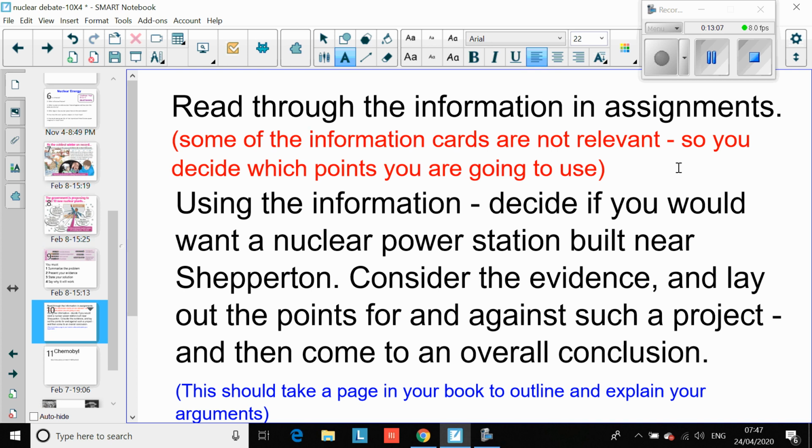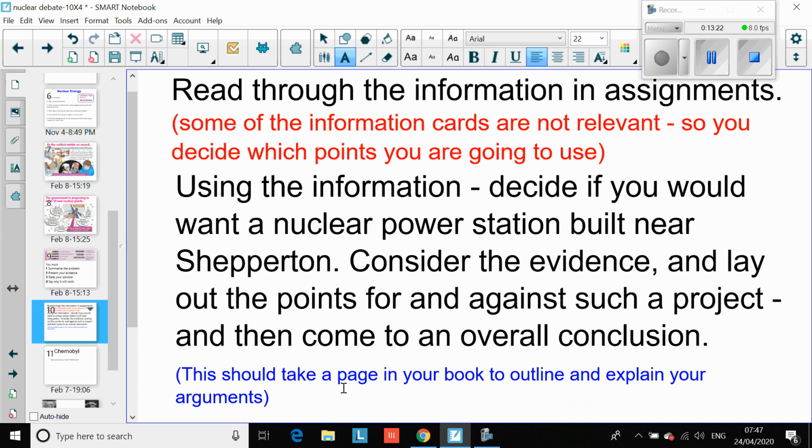Whatever points you decide to use, explain those, make sure they make sense, back them up. You can use supporting evidence because some of the cards do support each other. This should take at least a page in your book, probably slightly more, in order to explain your arguments.